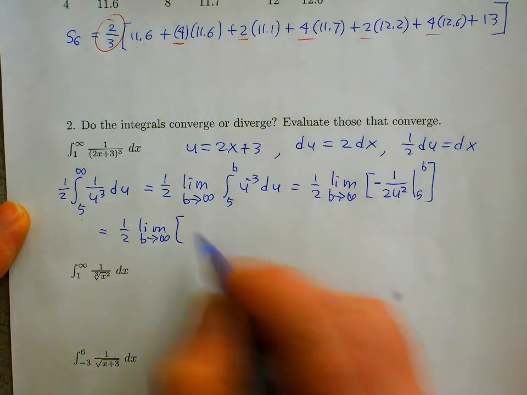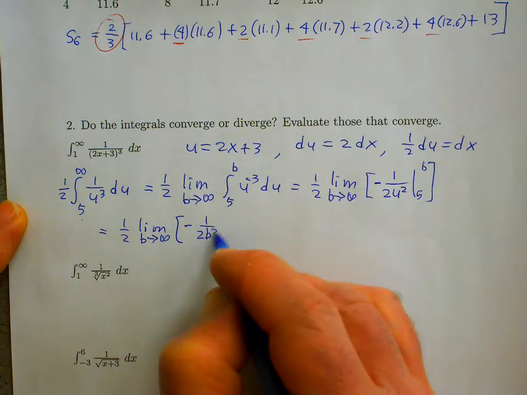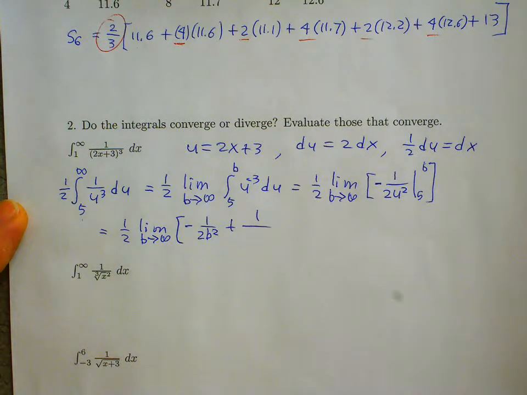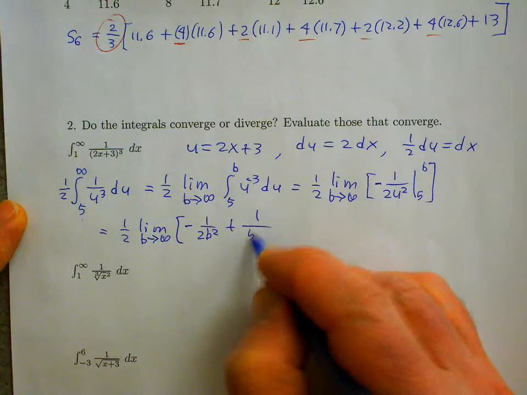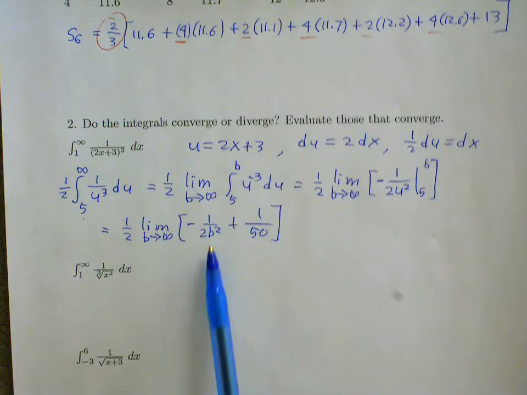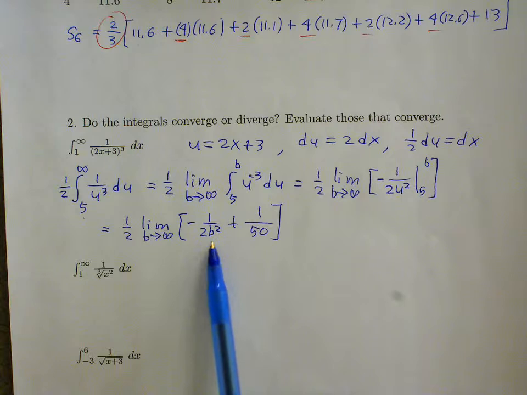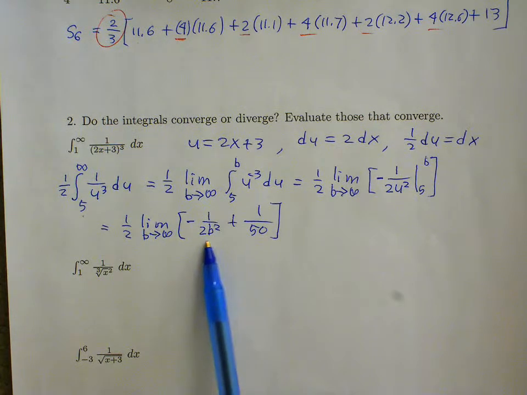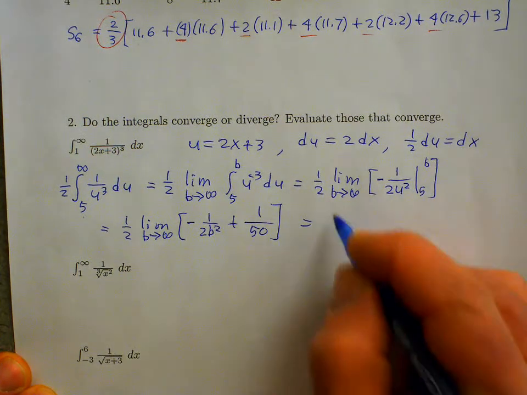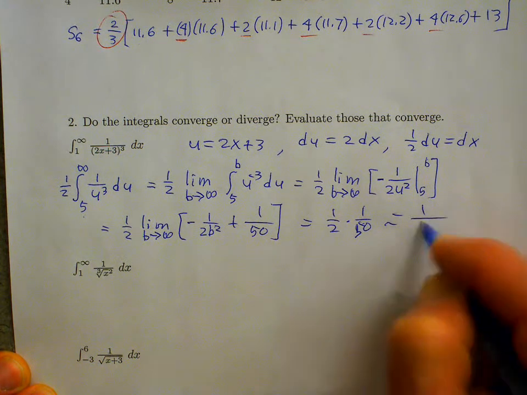So we have negative 1 over 2 b to the second minus a negative, or plus 1 over 2 times 5 to the second, or 1/50th. And then as b approaches infinity, this first term, negative 1 over 2b to the second, approaches 0. So the limit is just 1/2 times 1/50th, or 1/100th for that limit.